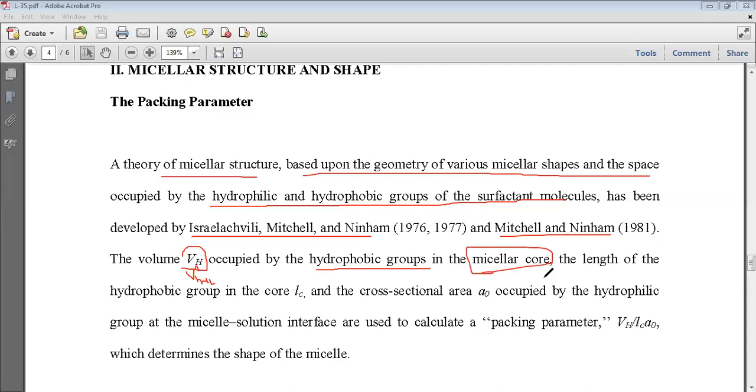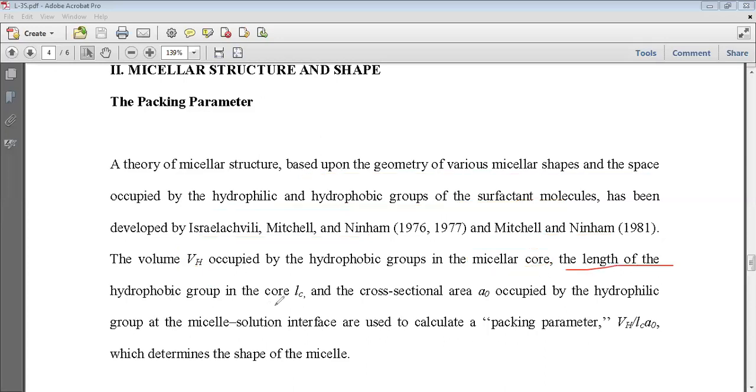Okay. So here the length of the hydrophobic group, that means the hydrocarbon tail, is simply represented by LC, and the cross-sectional area A naught is occupied by the hydrophilic head group.